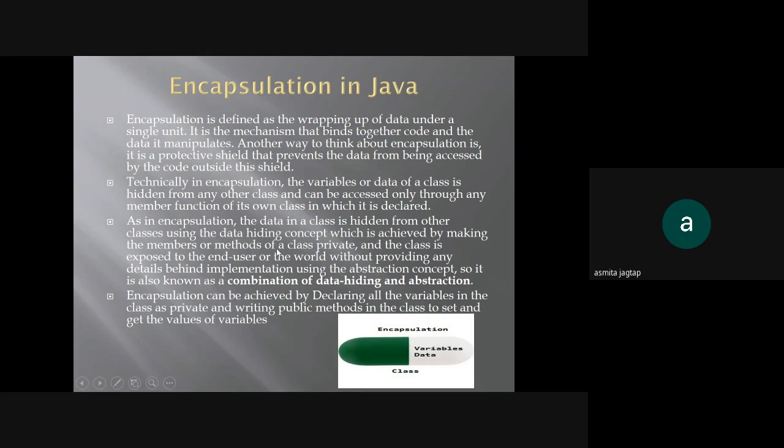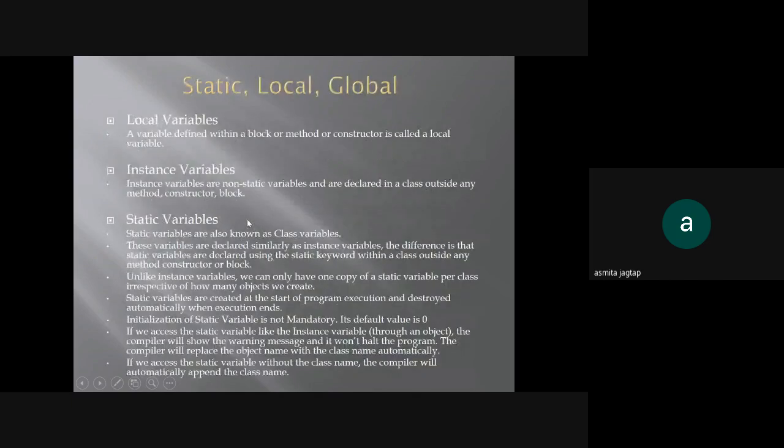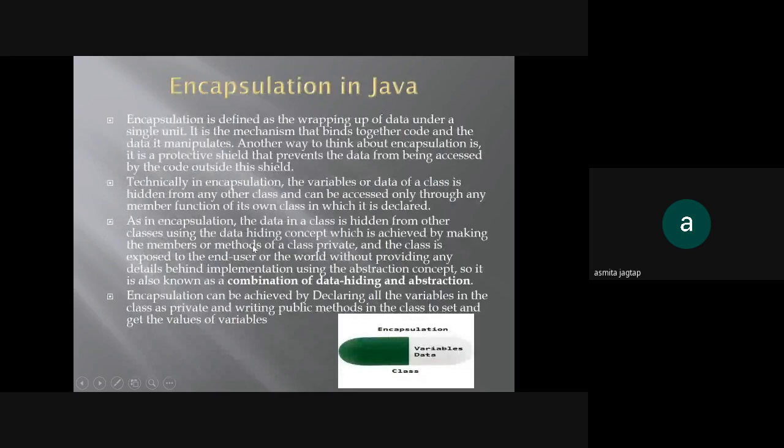So this is the point explained here: the methods and members of this class are private, and the class is exposed to the end user or the world without providing any details of the implementation. So we are not providing any implementation.